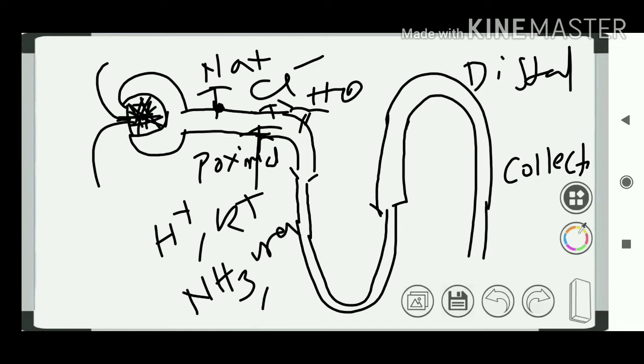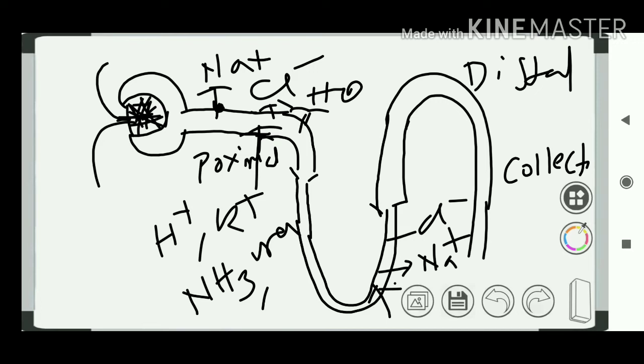So in the loop of Henle, we are going to see the exit of sodium followed by chlorine. Similarly, here we see the entry of urea.